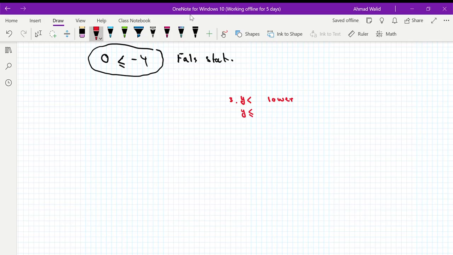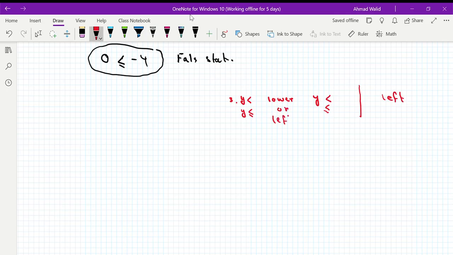If again you have y less than or less than or equal to, and you are dealing with a vertical line like this, correct? Always shade the left side. Some people say, when you have y less than or less than or equal to, shade lower or left.